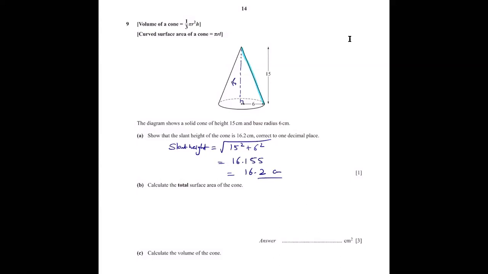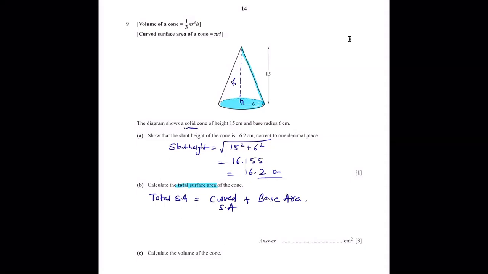Then you are asked to find the total surface area of the cone. Now remember, it's a solid cone, which means you can also touch the base. The base is also a solid, it's not a hollow cone. Now the total surface area is going to comprise of the curved surface area plus the base area.